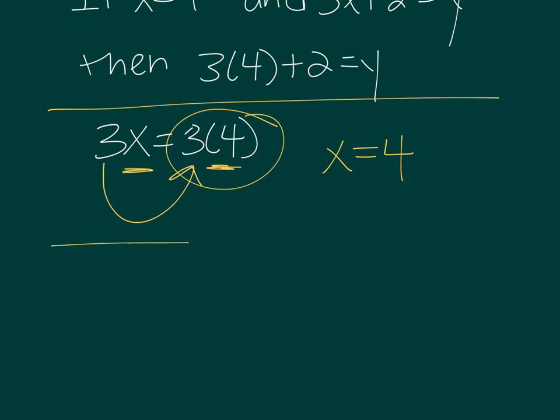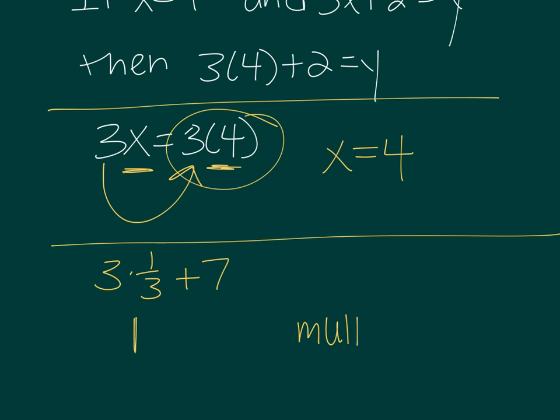A lot of times you're going to see this substitution happen when you're evaluating. So if I have a problem like 3 times 1/3 plus 7, when I'm simplifying this, 3 times 1/3 is 1. That is substitution, but it's a special substitution, and we know that that is multiplicative inverse.